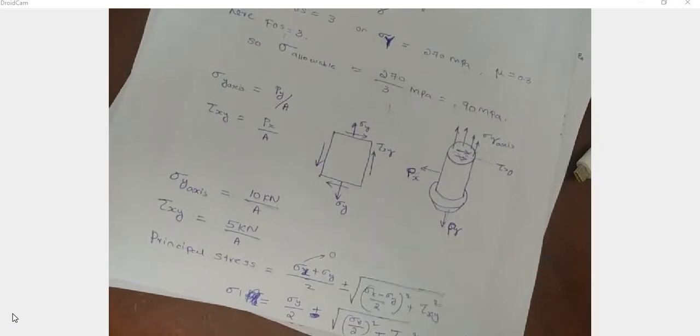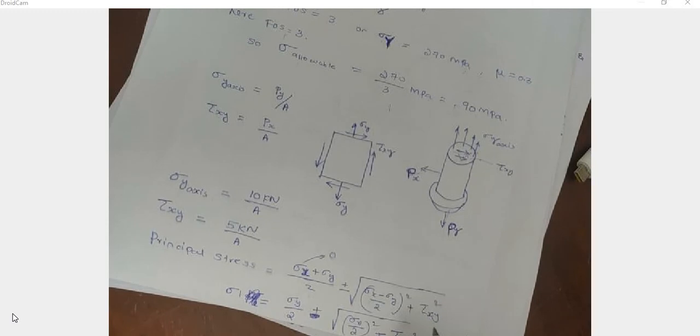We know that the principal stress is sigma x plus sigma y by 2, plus or minus, plus for major principal stress and minus for minor principal stress, root of sigma x minus sigma y by 2 whole square plus tau xy square.